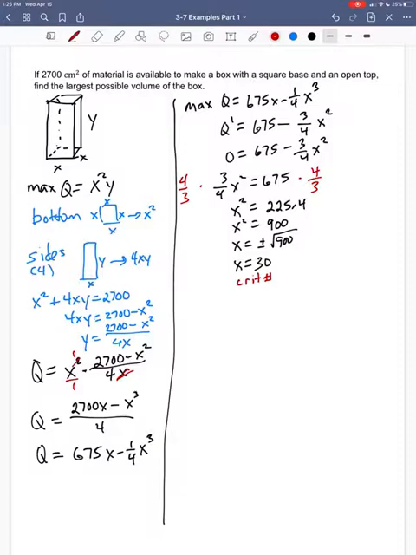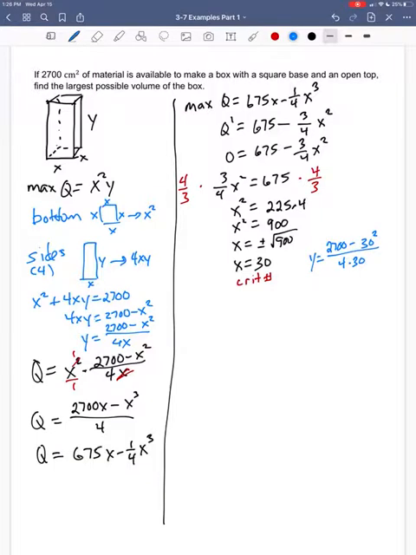That will allow me then to figure out what y is. I go back here. y is this 2700 minus x squared over 4x. I'm just going back to this expression here, and I'm just replacing x with 30, right?